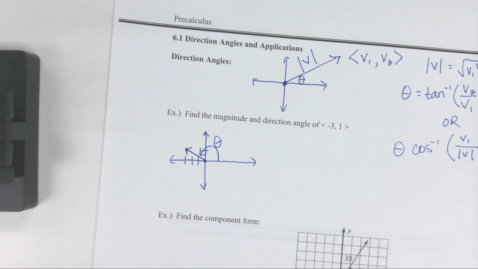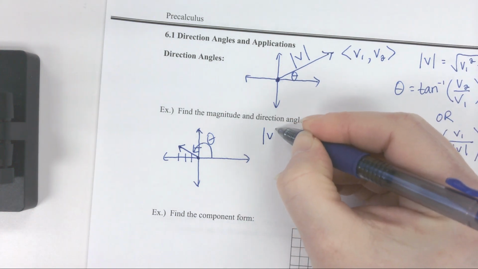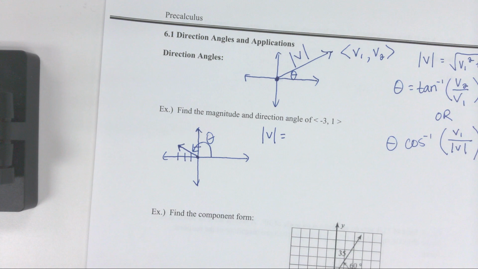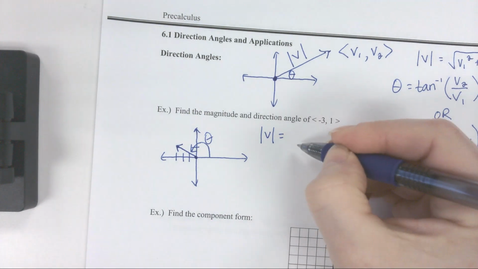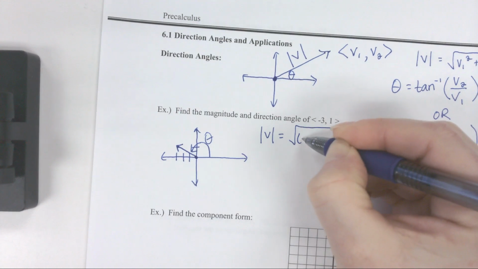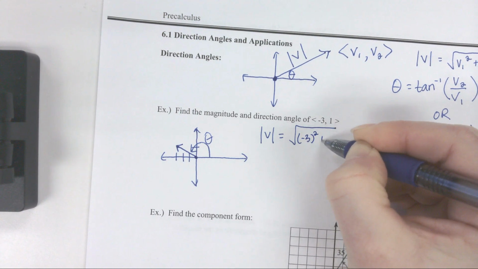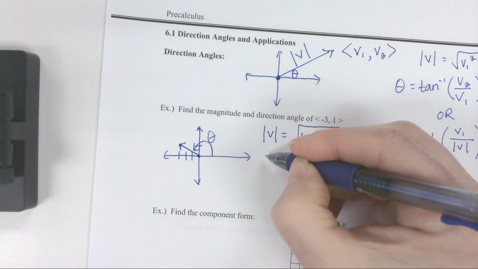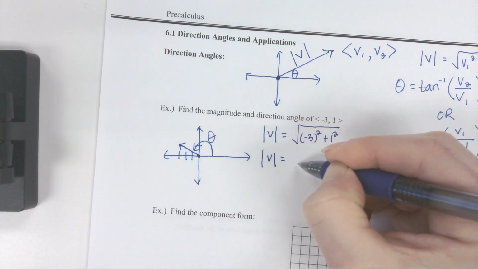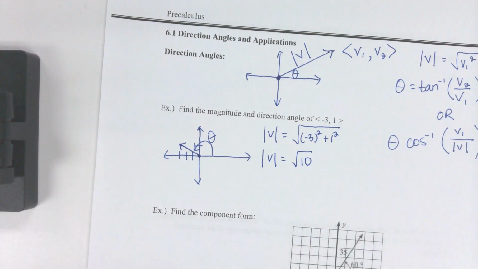Let's find our magnitude first, the length of the vector. The magnitude would be the square root of negative 3 squared plus 1 squared. What is that? Root 10. You can leave it like that if you want.